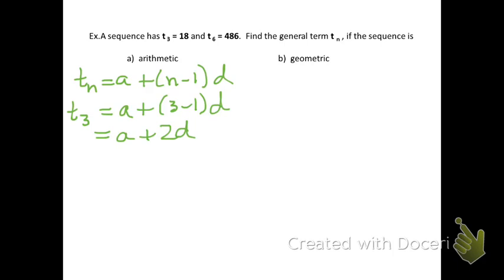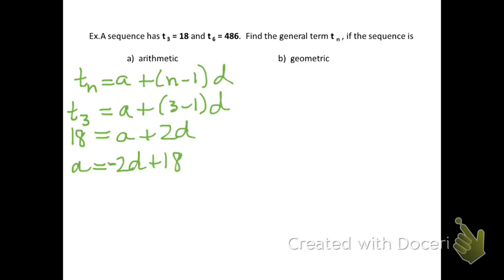And we can rearrange that, and we know that term 3 is equal to 18. So I'm going to rearrange it in terms of a. So a would be equal to 2d minus 18. No, sorry, it's the other way around. Whoops, sorry. Minus 2d plus 18.